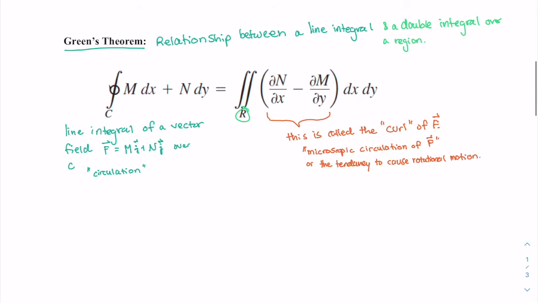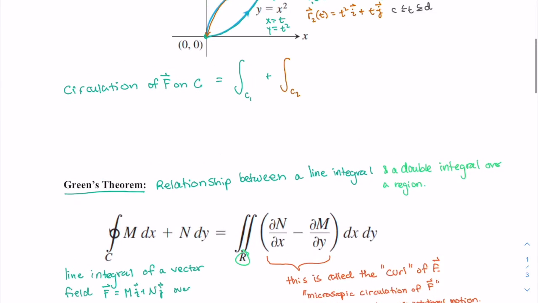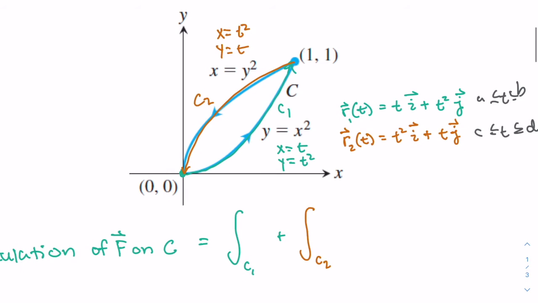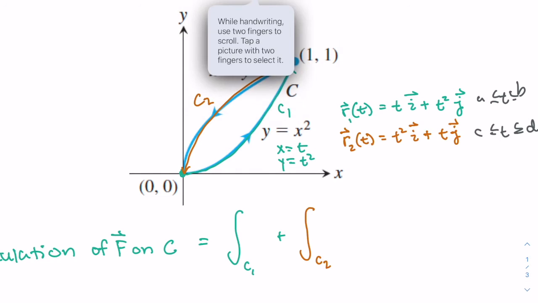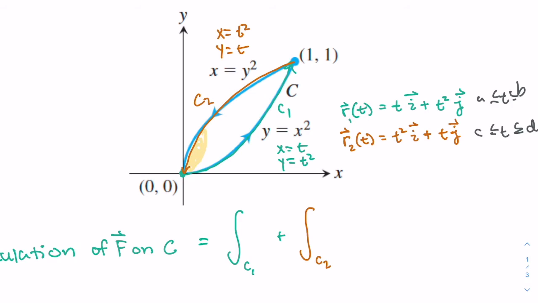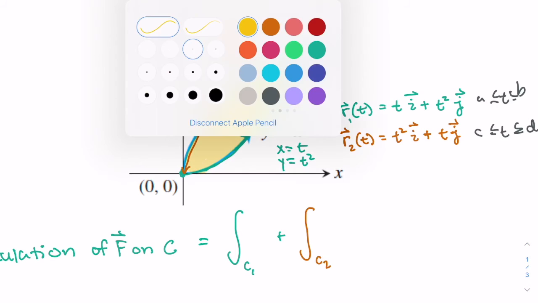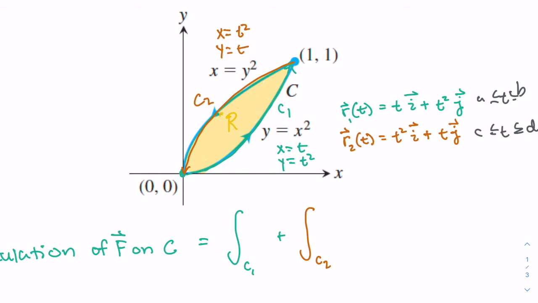So the line integral of f over a certain curve is equal to the double integral of the curl of f over the region R, where the region is the interior of the shape that's formed by your curve C. So in this case, if we were to employ Green's theorem, the area that these two curves enclose would be the R that we would use, right?